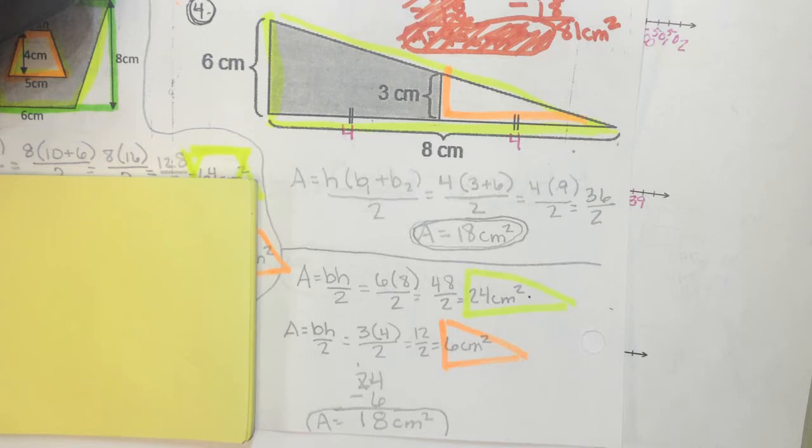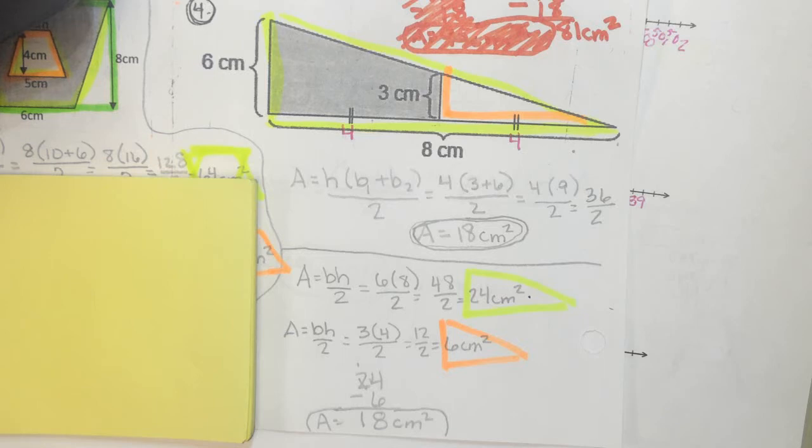Did you try to do the yellow, like the big triangle and the little triangle? Or did you try to do the trapezoid? Samantha, did you try to do the big one and the little one?